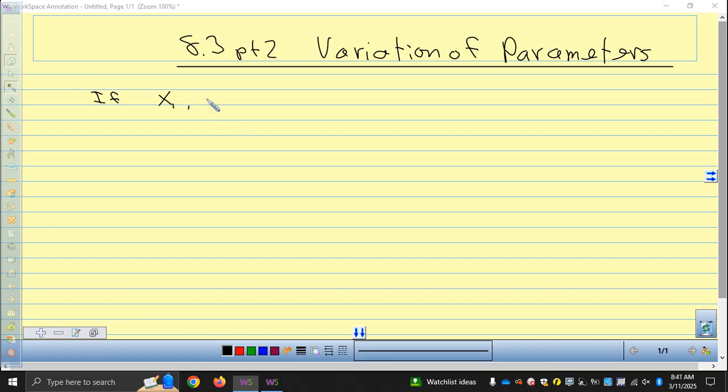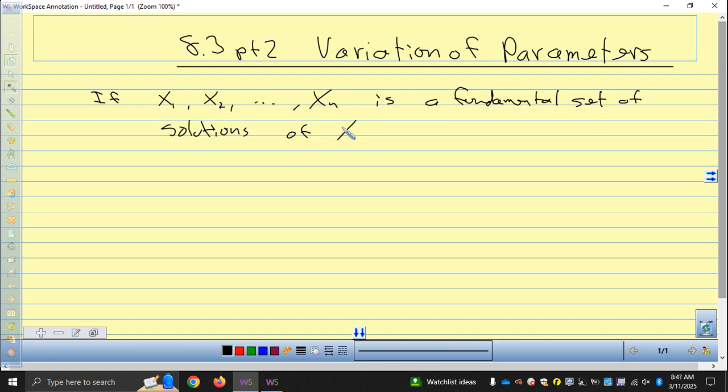All right, so we have a fundamental set of solutions x1, x2, up through x sub n for our n by n system. And these are our fundamental solutions of x prime equals A times x, on some interval.